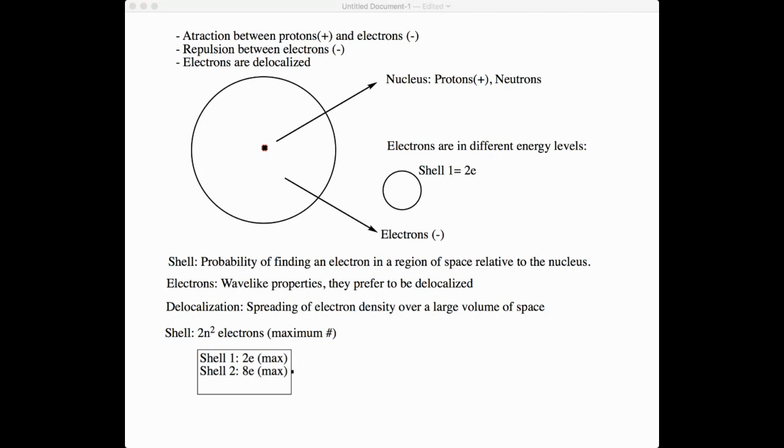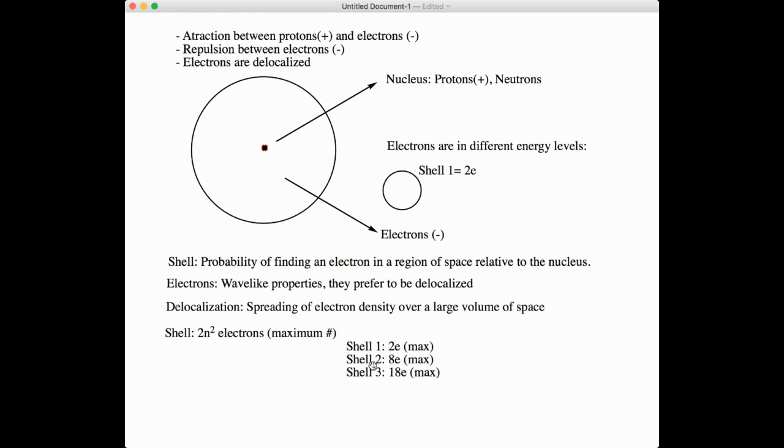And then what about shell number three, the third shell? 18 electrons maximum, that's beautiful. Okay, so that's also important to keep in mind. Maximum number of electrons that we can hold in one shell, okay?